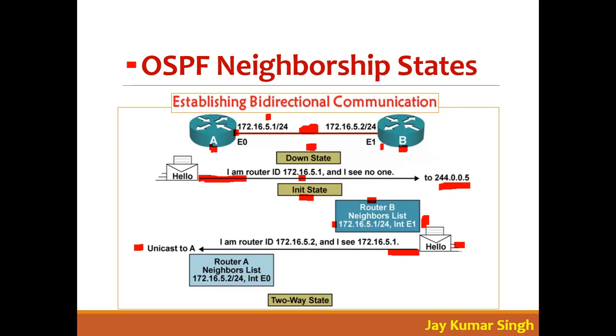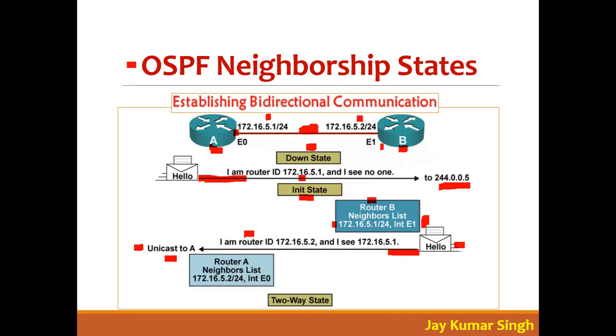Once you know your neighbor, there is no need to multicast. So it sends the hello message again to its neighbor, router A. Now what is it saying? It says, I am router ID 172.16.5.2, you can see here 172.16.5.2, and I see 172.16.5.1. So it is saying that I know you.